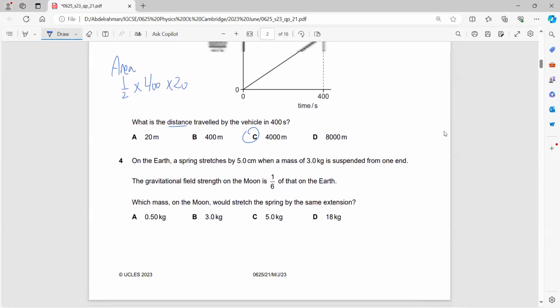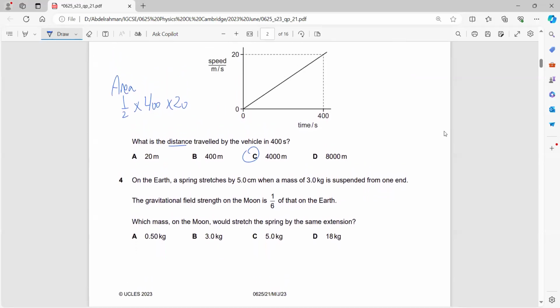On Earth, a spring stretches 5 centimeters when a mass of 3 kilograms is suspended from one end. The gravitational field strength on the moon is 1/6 that of Earth. Which mass on the moon would stretch the spring by the same extension? So you need the same extension on the moon, but the moon has 1/6 the gravitational field strength of Earth.